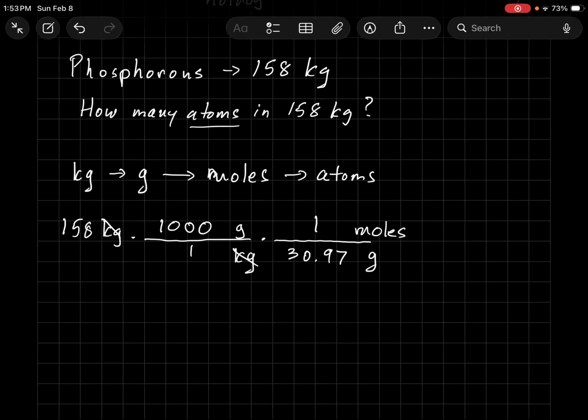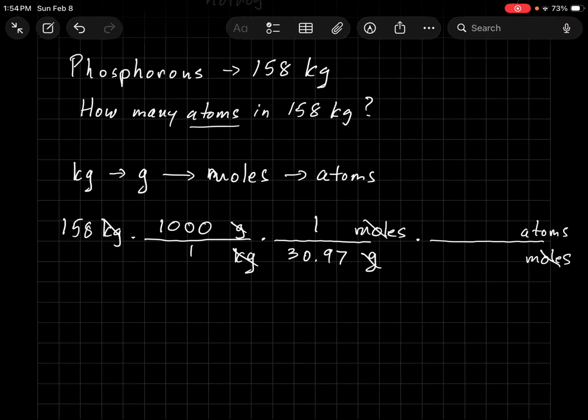But these are the numbers that I found for phosphorus. Now I can cancel out my grams. I have moles. And I got one more step, which is I need my moles to disappear. And then I need atoms up top, moles down below so they cancel.